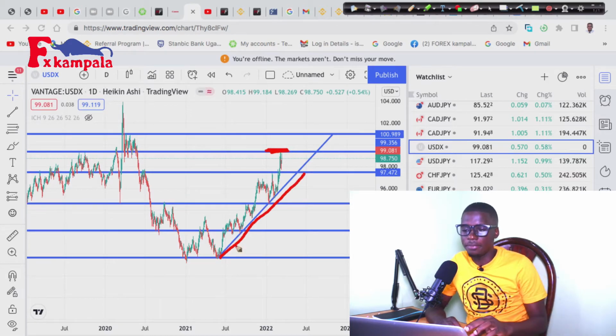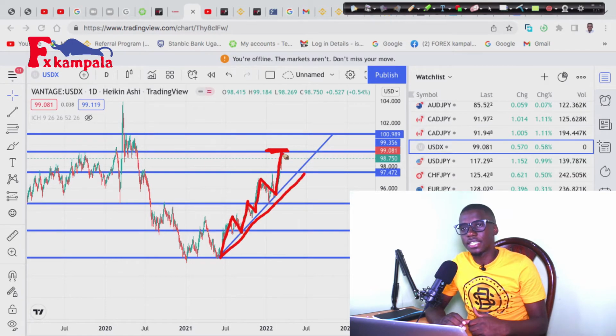And we have been seeing the USDX trending upwards, as you can see and as I'm showing you. According to the principles of technical analysis, we know that as markets trend upwards, they create impulse and retracement waves as they proceed in a particular direction.